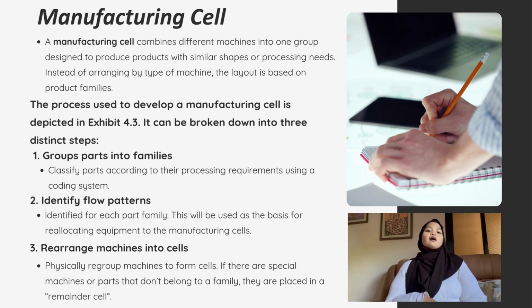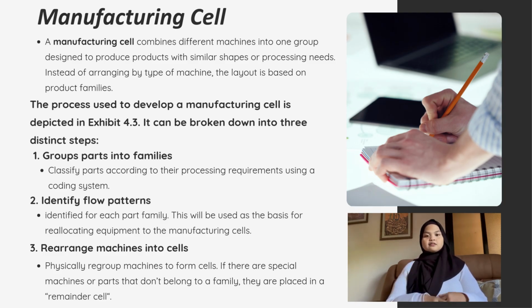The process of creating manufacturing cells has three steps. First step, group parts into families. Group parts into families, classifying parts according to their processing requirements using a coding system. Second step is identify flow patterns. Determine the dominant production route for each family.